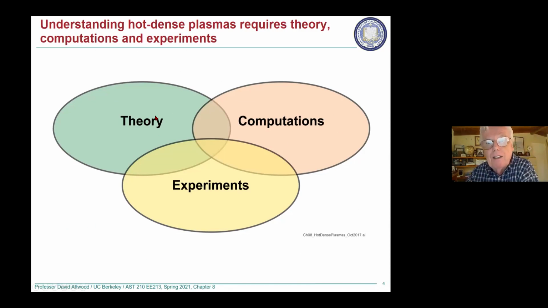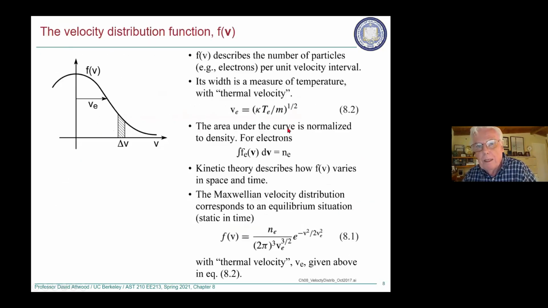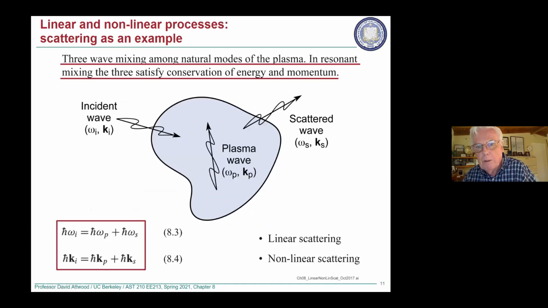And in fact, if you get into conditions in your plasma and your illumination where it's so intense that the nonlinearities become very strong, you also need to use computations. And then basically you need experiments. You need all three of these. And so these next few slides are just about the computational tools that people use.